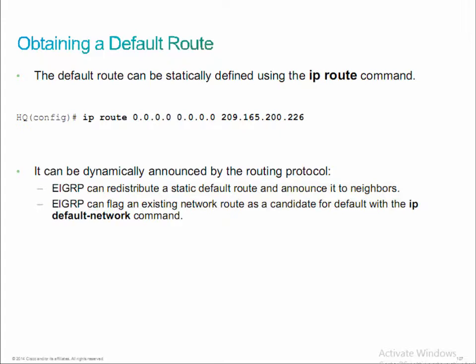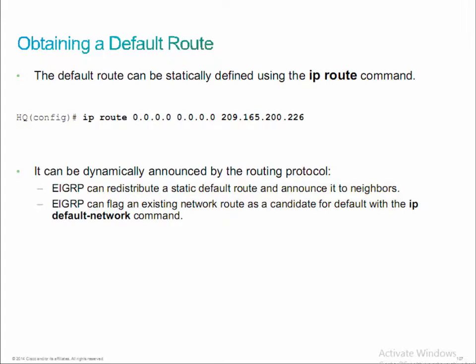All right? So based on the configuration, the router can examine all of the default candidates, and then it's going to select the best candidate based on administrative distance, and then if there are a couple of default routes common to an individual routing process, then we look at something like a metric. All right?